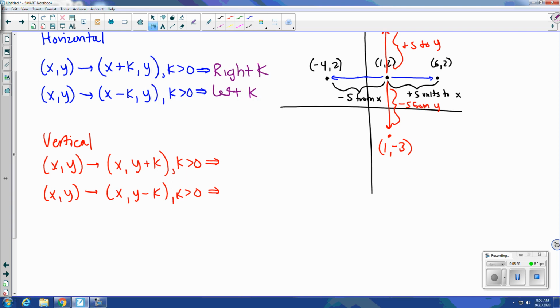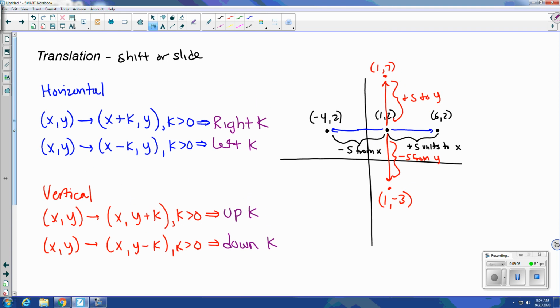If we're adding a positive number, we are shifting in the positive direction, so that would go up, whatever value k is. If I subtract, we're moving in the negative direction, so that will go down, whatever our value k is. So that is how we translate, and you'll notice that the operation associated with translation is addition, subtraction.